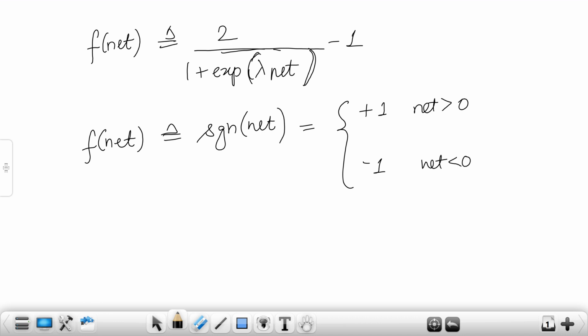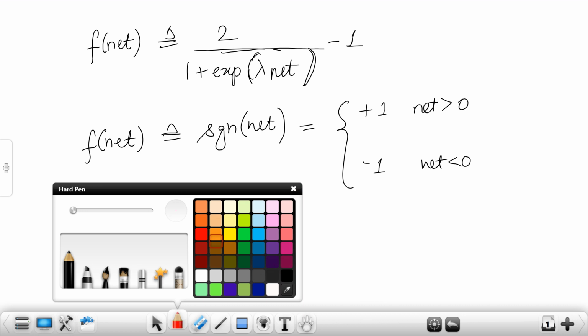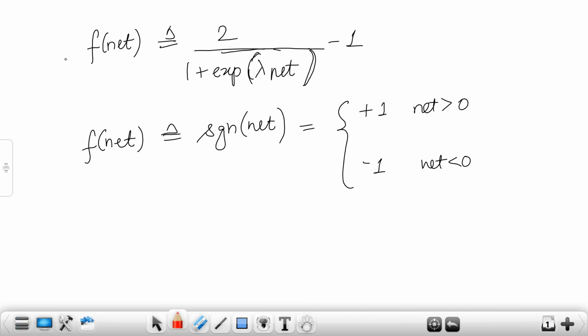Now these are both typical activation functions of the artificial neuron model. What are the names of these? This one is the bipolar continuous activation function, and this one is the bipolar binary activation function.